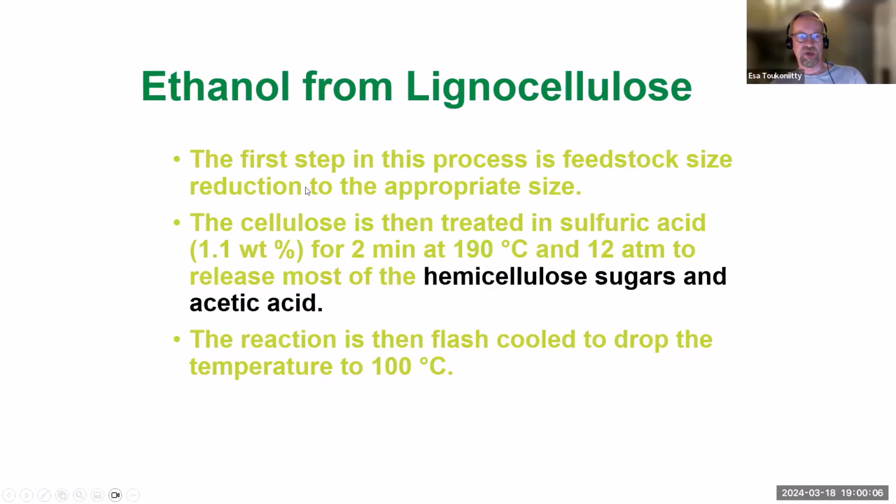So the woody biomass is first ground into small granules or powders or chips, and then it's acid hydrolyzed with, this is probably the pre-treatment step, sulfuric acid pre-treatment to release the hemicellulose sugars and the acetic acid.